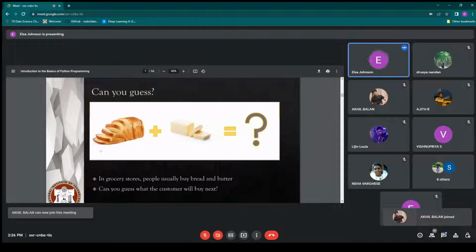If he places the items nearby these two things, then he can convince the customer that you might need milk with that, so I can buy this also. So he can increase his sales when he does like that.